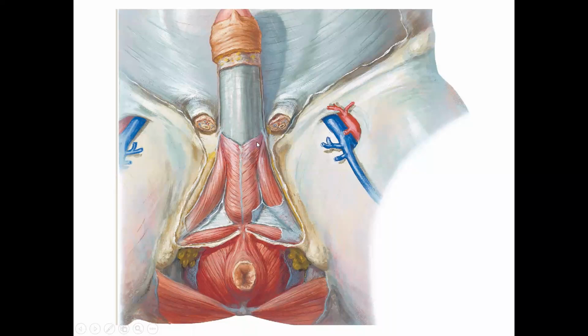The muscles are restricted to the perineum, but the deeper structure, the crura and the bulb, continue into the penis as the corpora cavernosa on either side and the corpus spongiosum in between. The corpus spongiosum contains the urethra.